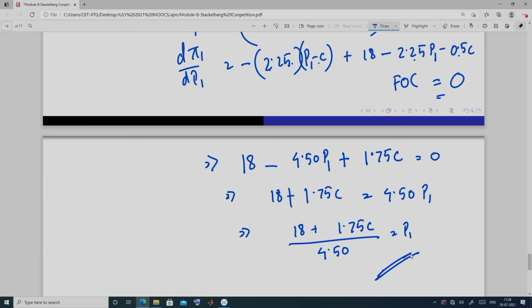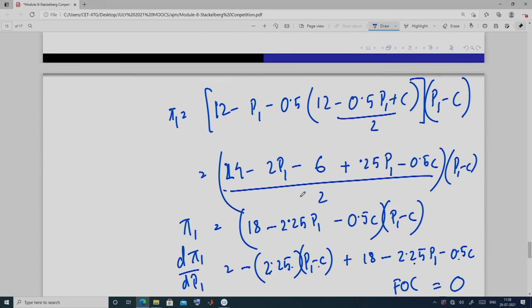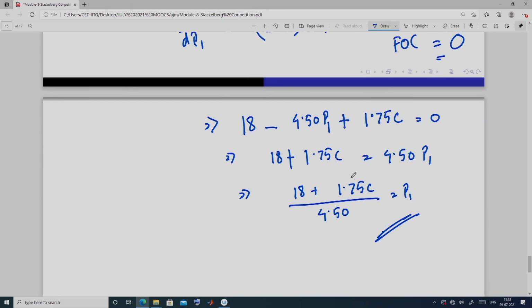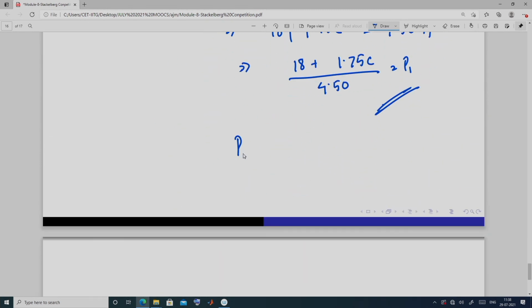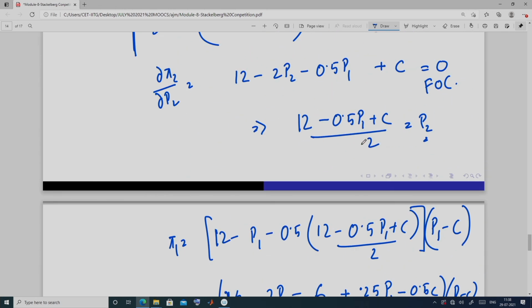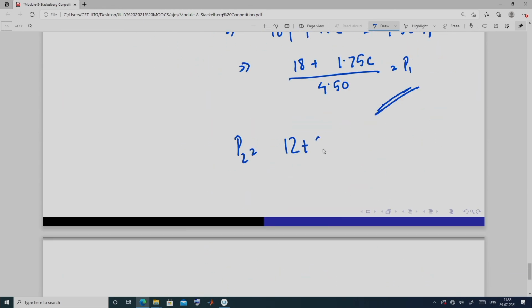And this will be the price, and you plug this price into this reaction function and you will get P2 equal to 12 plus C minus 0.5 times 18 plus 1.